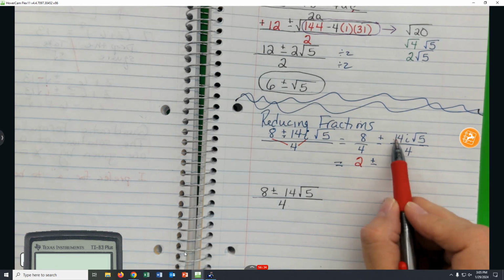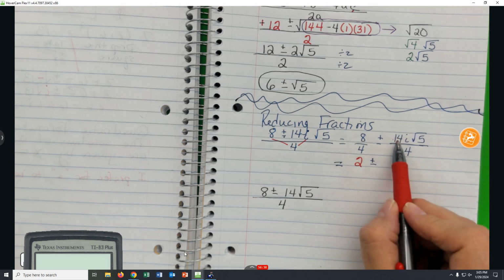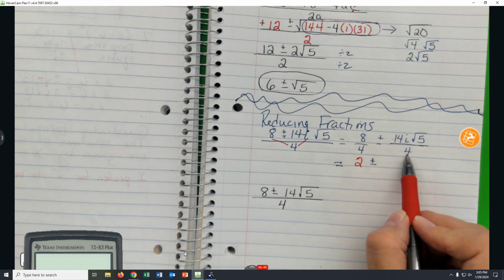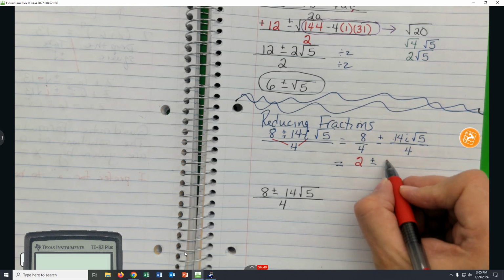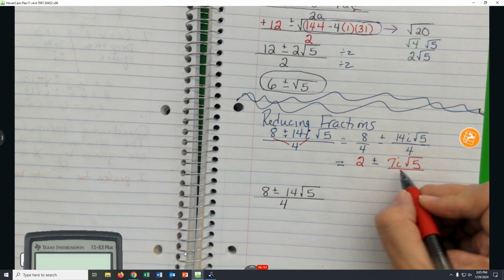What could I divide the 14 and the 4 by? A 2, so it would be a 7 in place of the 14, and in place of this 4, a 2. I could divide both of these numbers by 2, so we'd have a 7i square root of 5 all over 2.